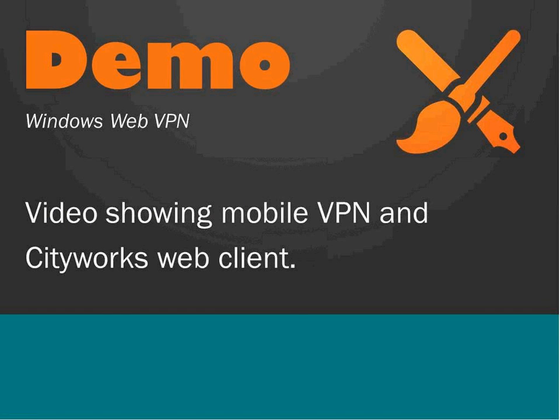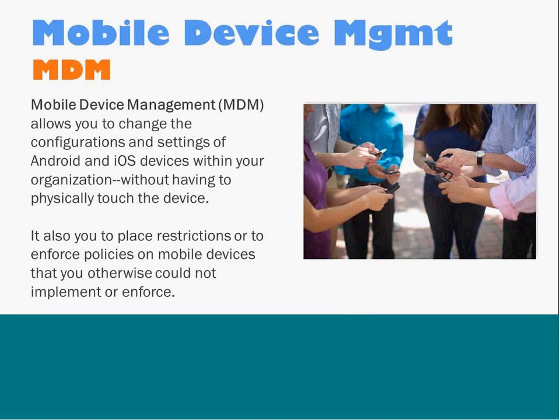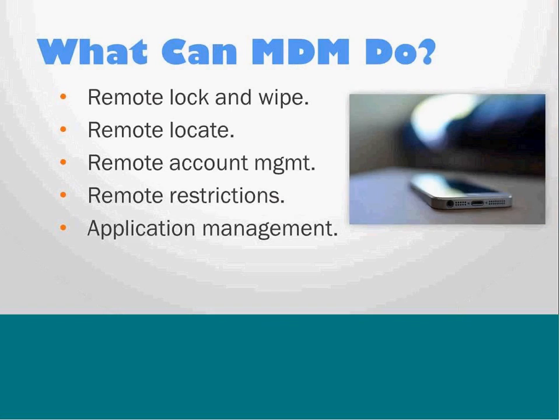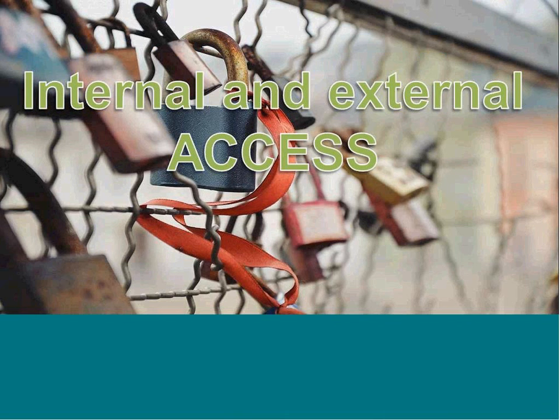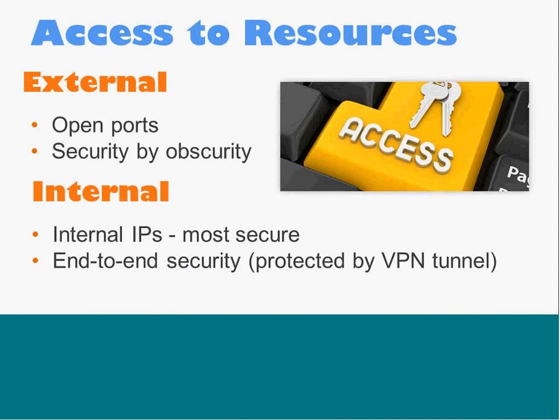So we demoed the device management, mobile device management. And our last slide is here. We're talking about your servers. We're talking about access to your servers. We're going back to not the device, but the server. And you've got two options.